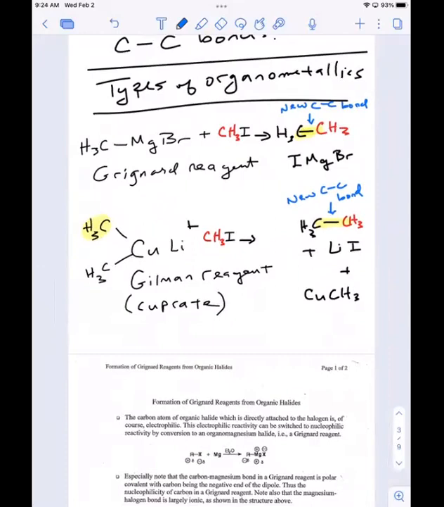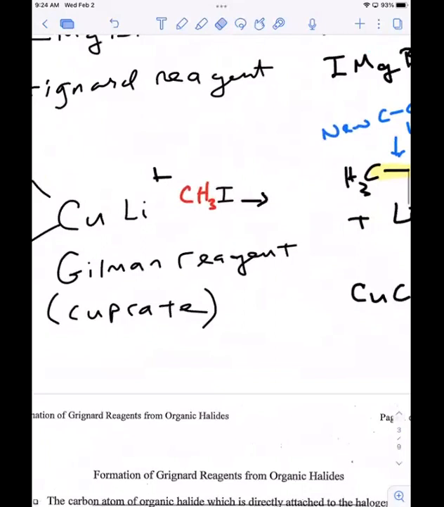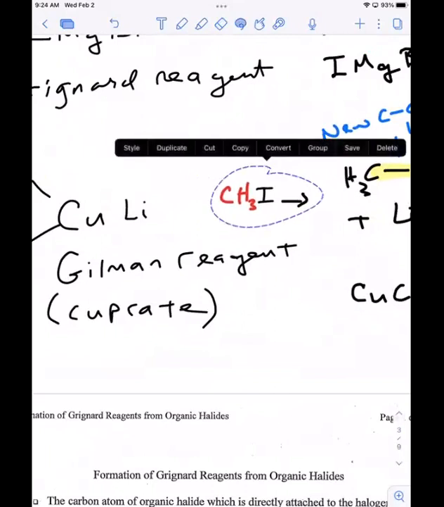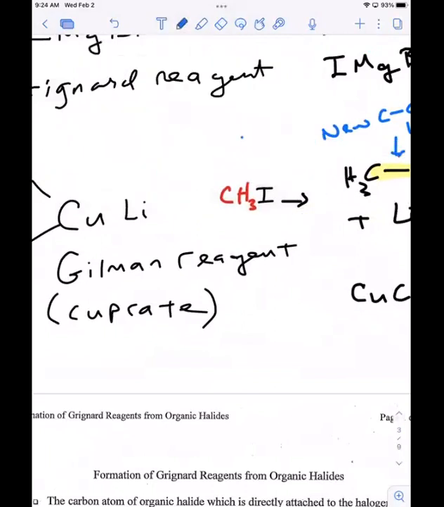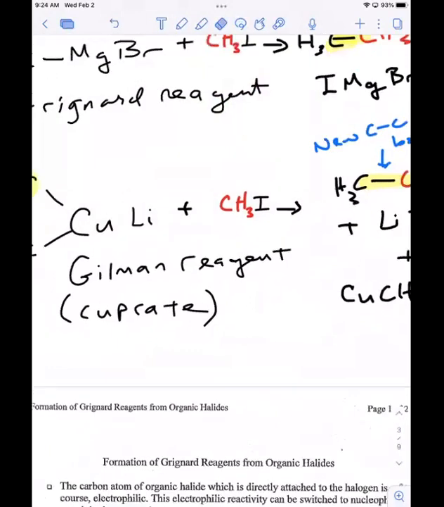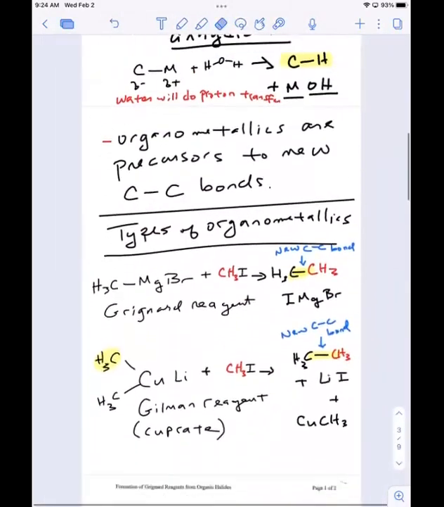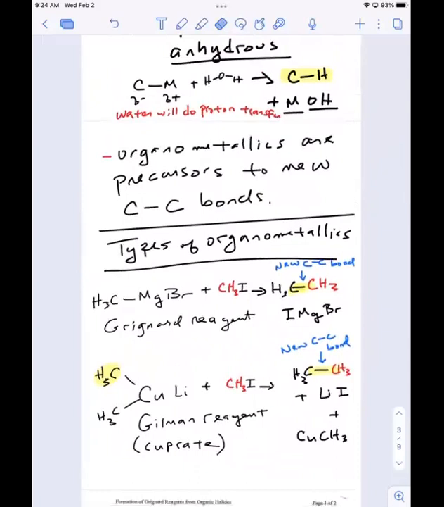That's the main use of organometallic compounds, to react them with some other species to give you a new carbon-carbon bond in the product. All right. Any questions about this part or anything we've talked about up to this point? No questions. All right.